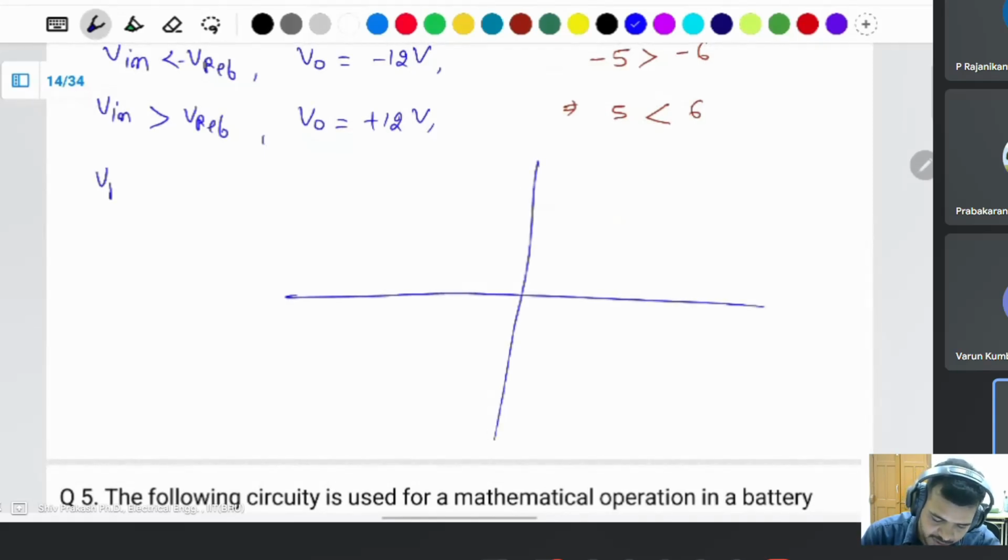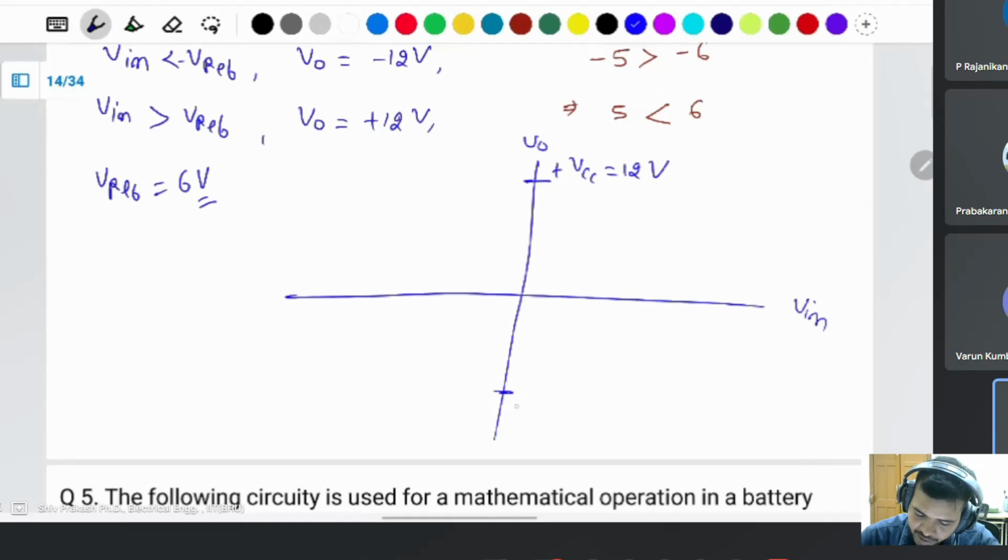V reference, you know, this will be 6 volt only. Then take plus VCC, which will be 12 volt. Output voltage is there, V input voltage. This will be minus VCC, which will be equal to minus 12 volt.